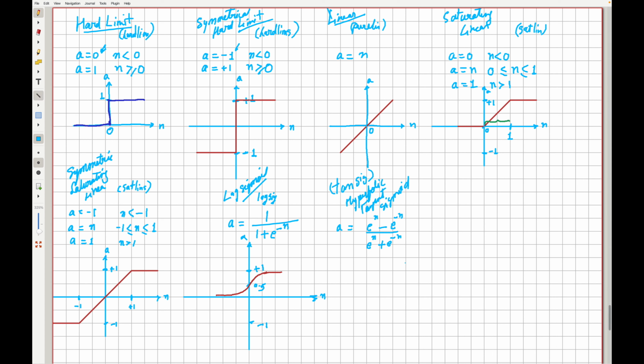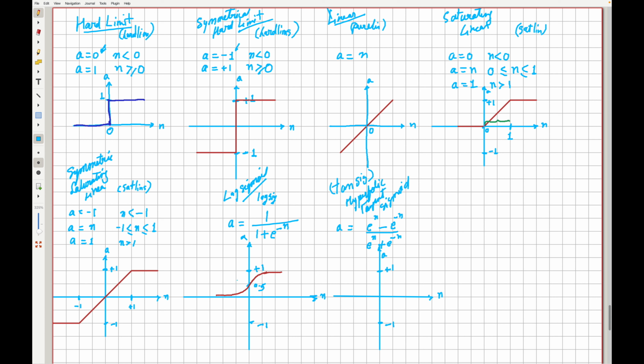And again, if we try and plot it, let's say this is our y-axis, and this is our x-axis, and let's label it. This is n, this is a, and now if we get the +1 here, this is the -1.